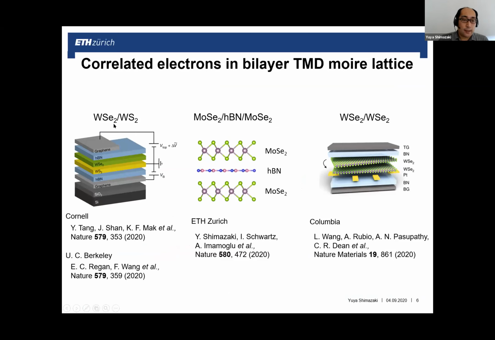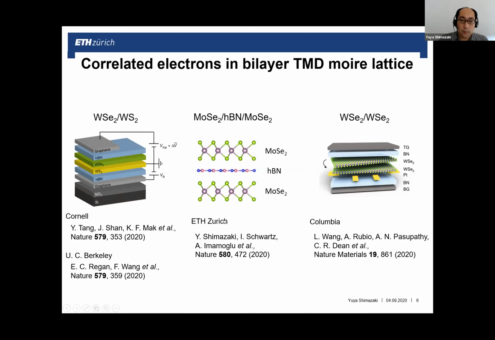One of the systems is a tungsten selenide and tungsten sulfide bilayer. The lattice constants of these two TMDs are different, so this naturally forms a Moire lattice even without a twist angle. This was reported by the Cornell group and the UC Berkeley group.